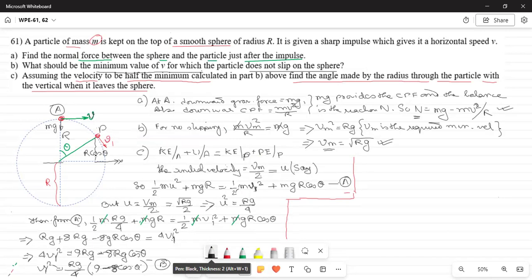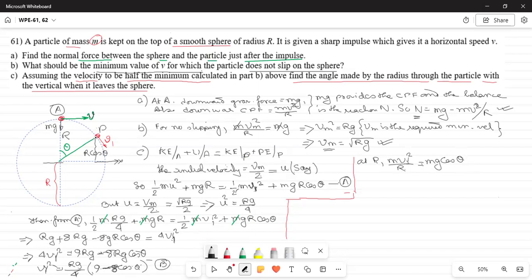One is the energy equation, another is the force equation. If you write the force equation at P, then the centripetal force mv1 square divided by r is equal to mg cos theta.